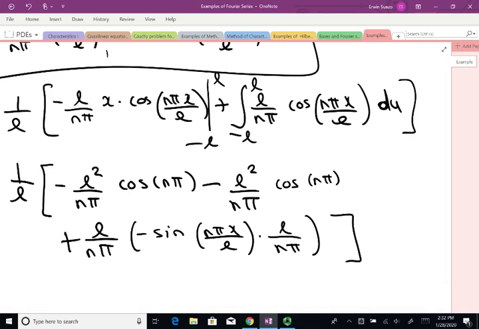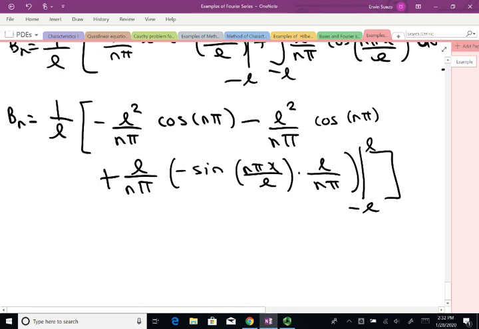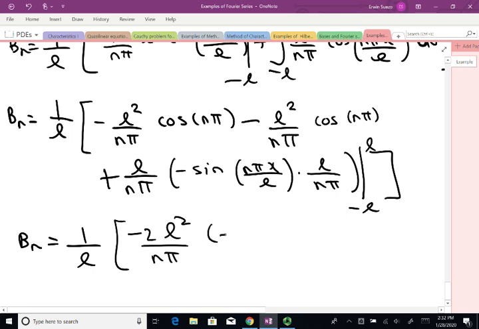Yeah, and this is between minus L and L. So I get 1 over L, and then this is, sorry, no equal, minus 2L squared over n pi, and cosine n pi we already know is minus 1 to the n, right?